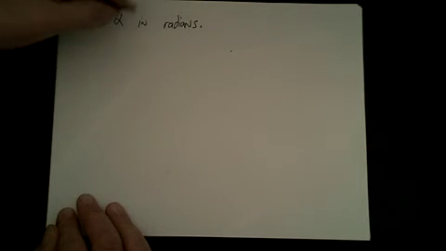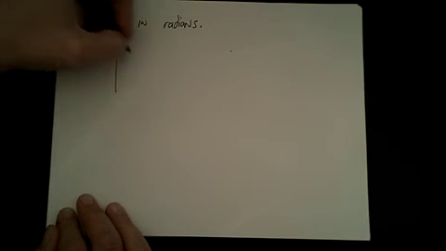Now let's find the angle in degrees. I'm sorry, let's find the angle in radians. It turns out that the only difference there is that you're going to change the setting on your calculator.